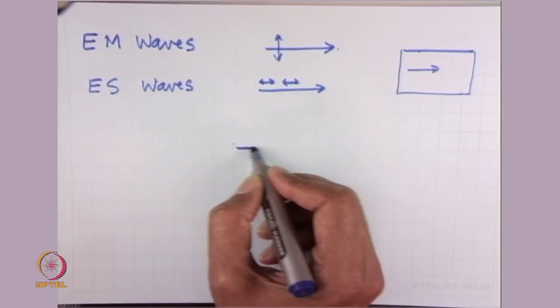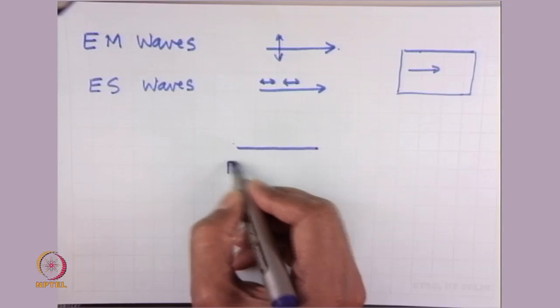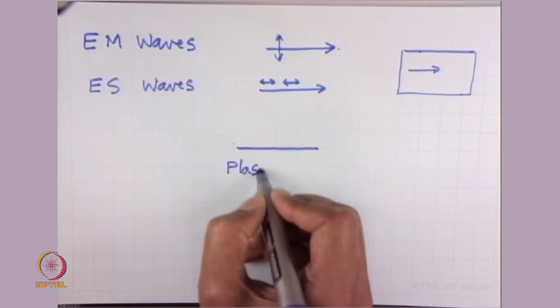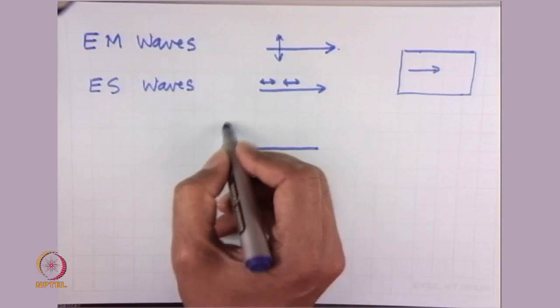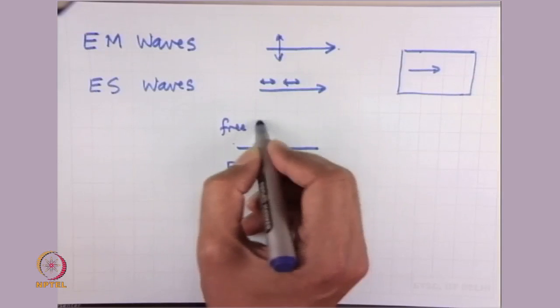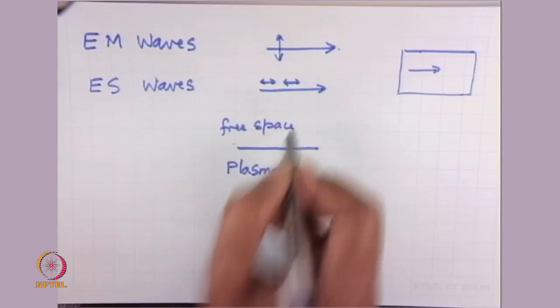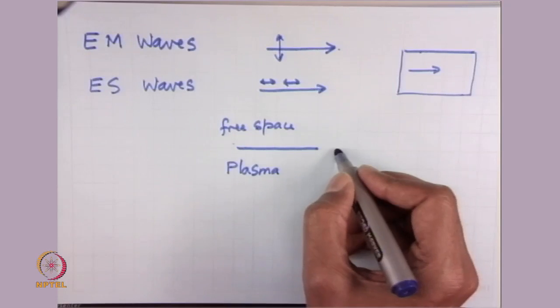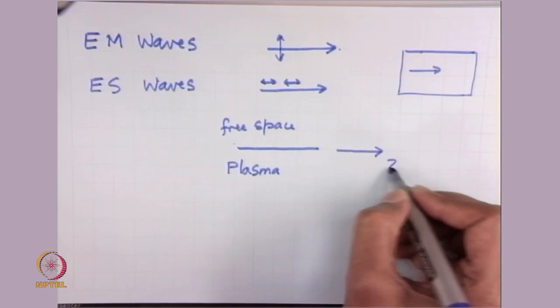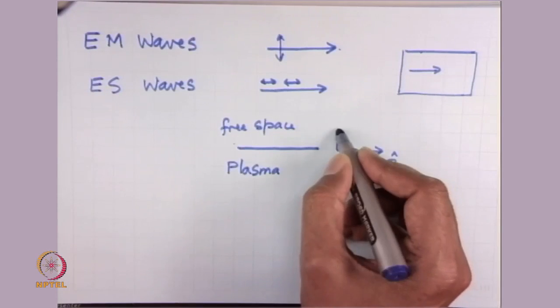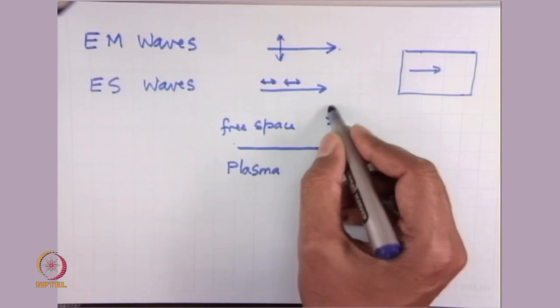So suppose I consider a boundary between a plasma and free space, and let me call the direction here as z, and this normal direction as x.